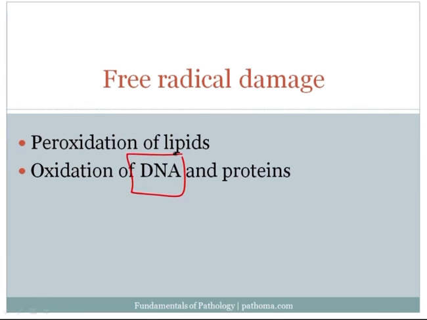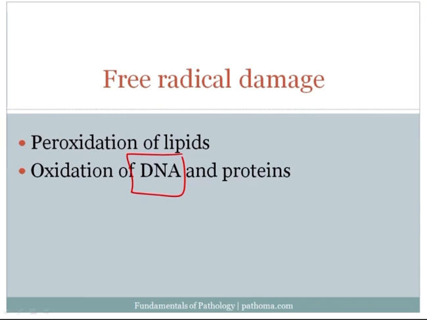And this is important because it's particularly implicated in oncogenesis. What's oncogenesis? The formation of cancers. Remember that cancers are formed by mutations in DNA, and if there's oxidation of DNA, that would introduce mutations within DNA, and so it could potentially cause cancer. And this is the whole idea behind.